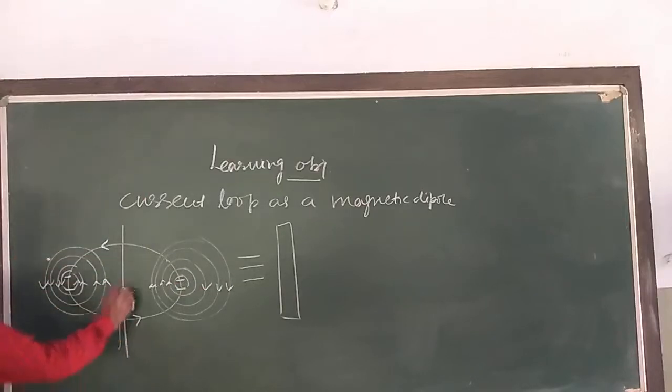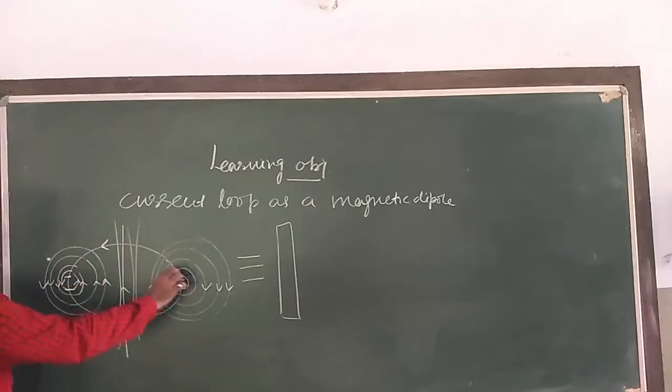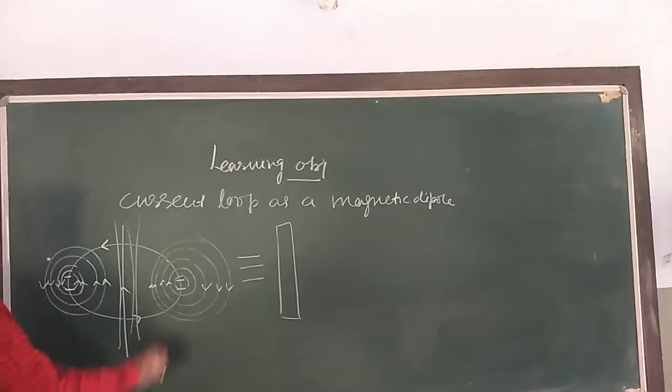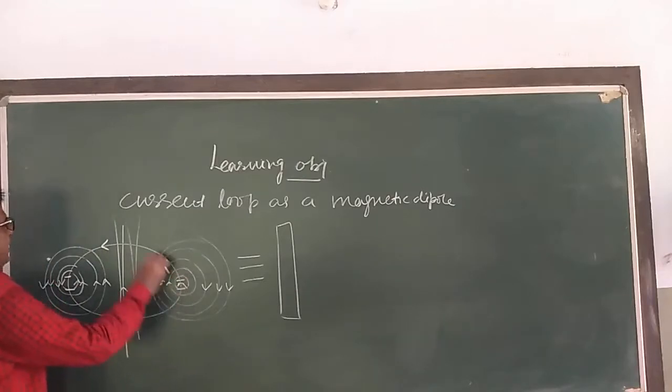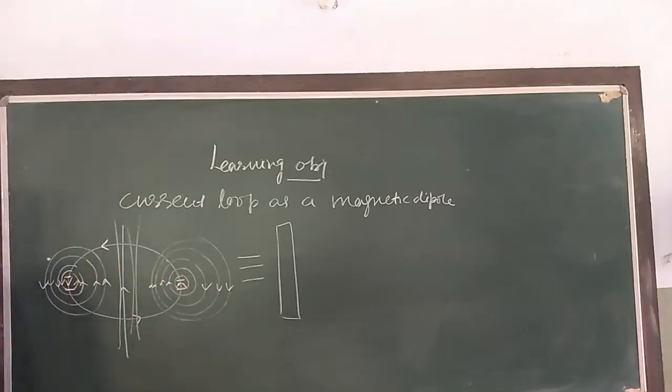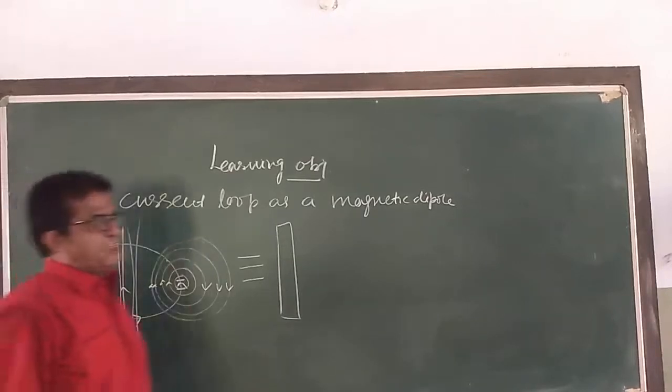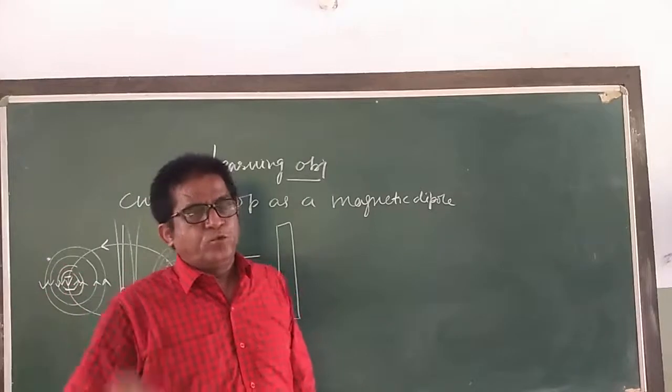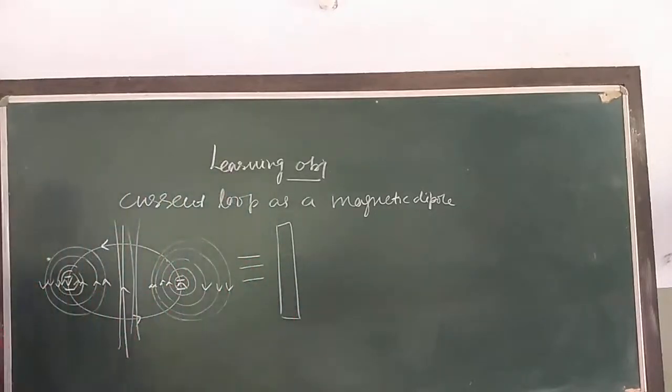So this is a circular coil in which a small element of length carries current in this manner. I can say the magnetic lines of force seem to enter at the lower face of the coil and leave at the upper face of the coil. Seen from above it looks like it is leaving, and at the lower face it is entering.